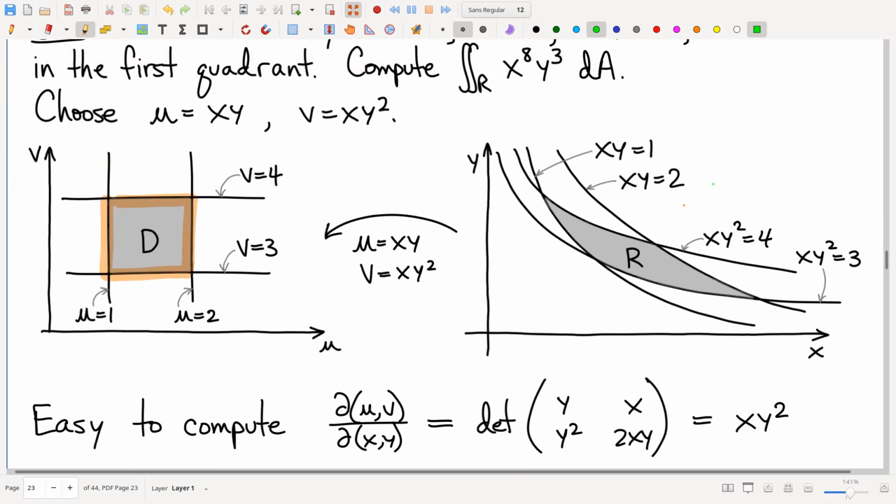Y'all are good at algebra. You could look at this and get clever and figure out how to write x and y as functions of u and v. But the whole point of this example is we don't want to have to rely on that. Sometimes that's not even feasible algebraically.